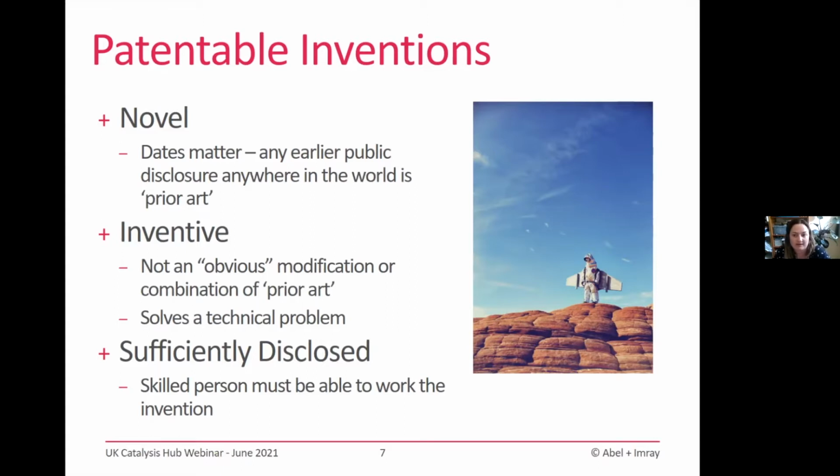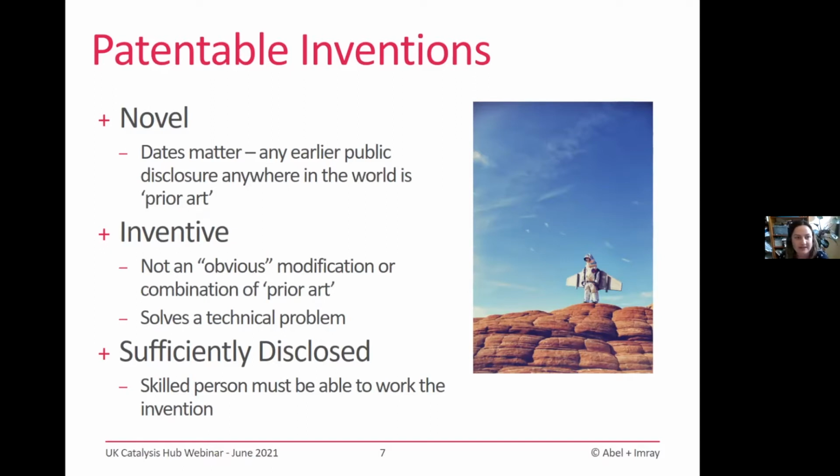So when we assess an invention or a patent application, that's done against what we call the prior art. So the prior art is any public disclosure anywhere in the world that was made before the patent application was filed. So the invention needs to be new over all of those disclosures.